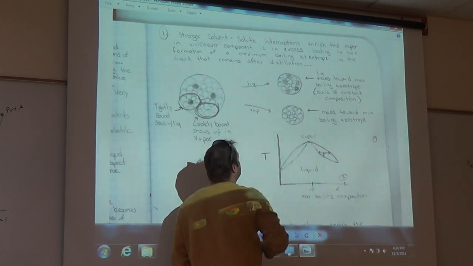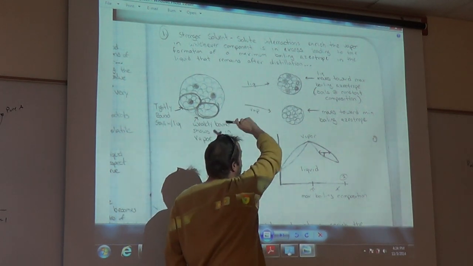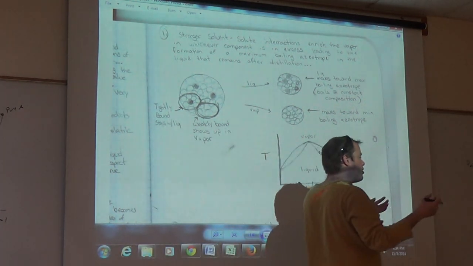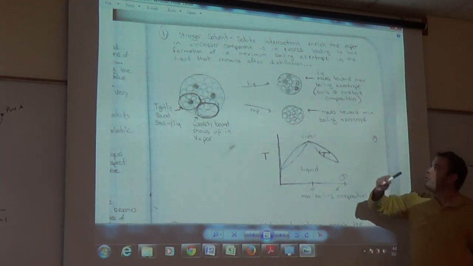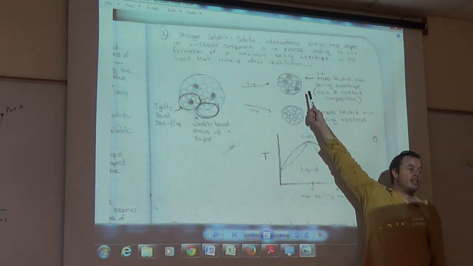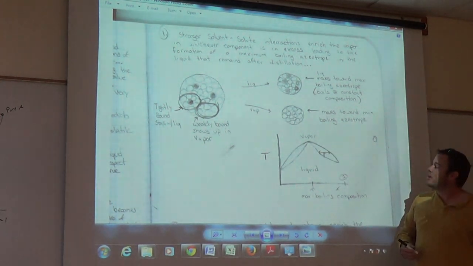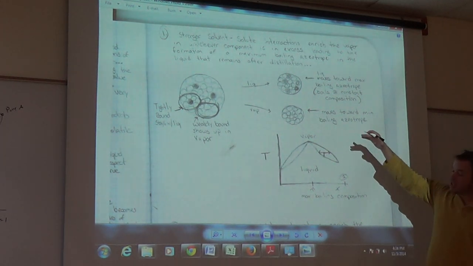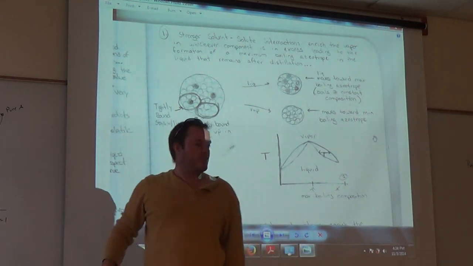This stuff up here, you'll see that the concentration moves towards a concentration where there's enough A and B molecules to interact and to create maximal forces. Once the liquid reaches this concentration, it boils at constant composition. It's the units that end up popping off in the gas phase.